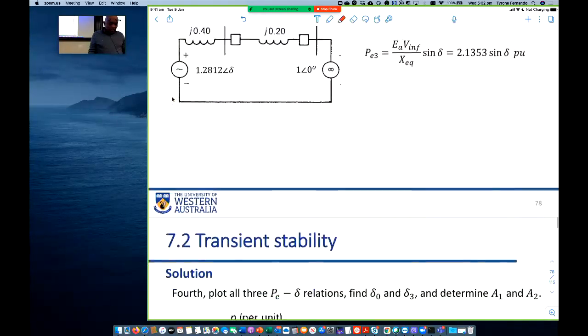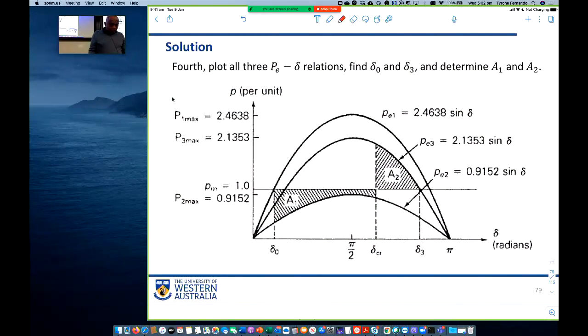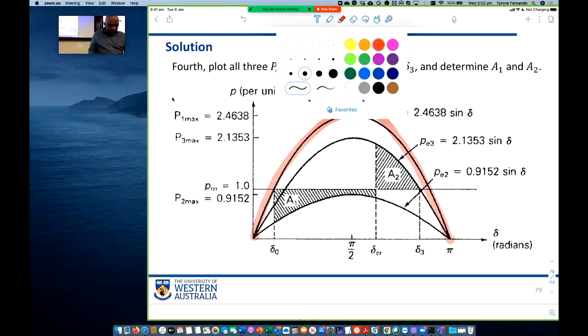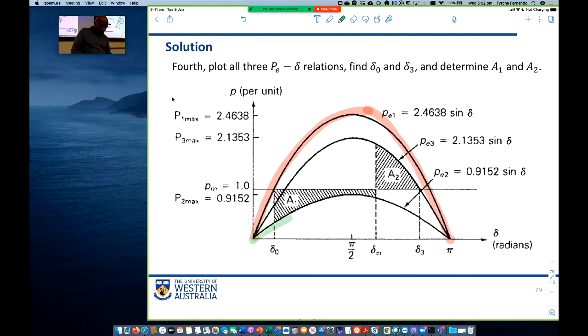You can check this. Before the fault, the power curve looked like that. During the fault, the power curve looks like that, with an expression there. You can go through that, there's no point me explaining it.